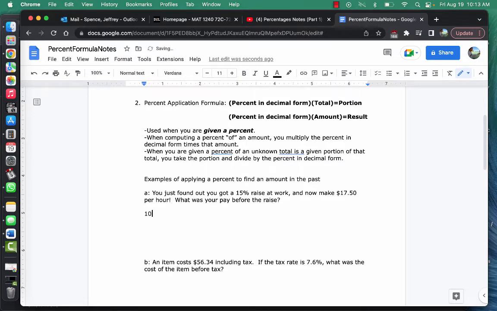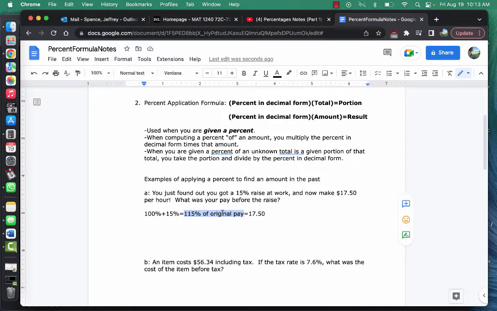So you're already making 100% of what you make, plus you're getting 15%. So this actual 15% raise means that you're getting 115% of your original pay. And that will turn out to be the result of $17.50 per hour. The thing is we don't know the original pay, and that's what we're trying to figure out.